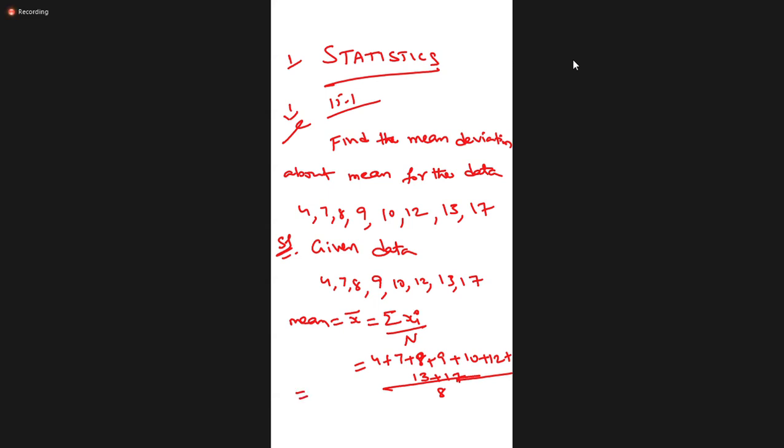Sum of the numbers by number of the numbers, 80 by 8, that is 10.